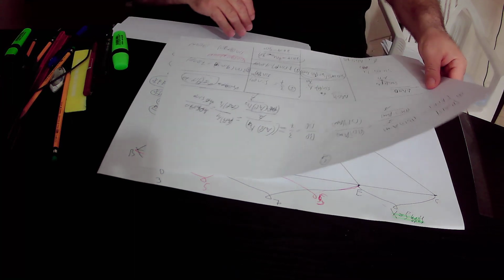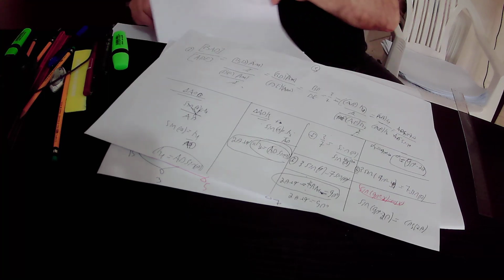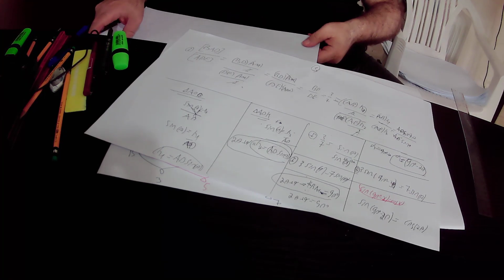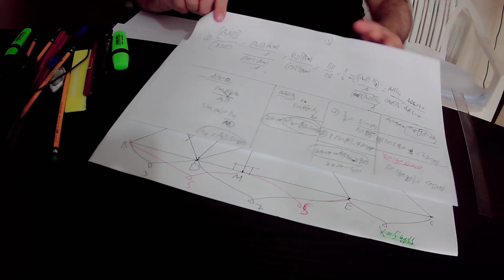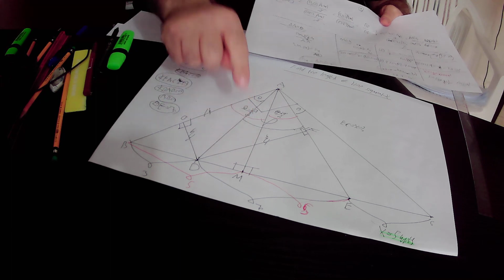So we have the area of triangle BAD equals the base of the triangle, that is BD, times the height to the base, that is AM, over 2.